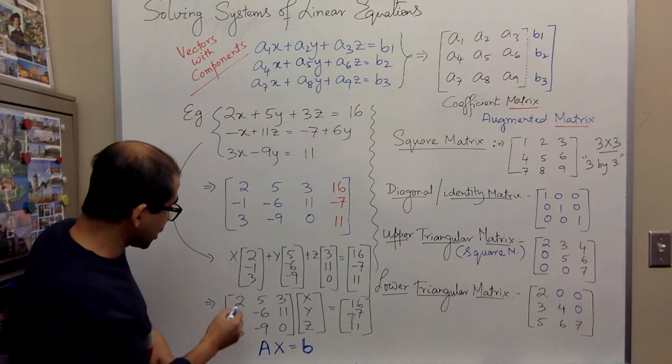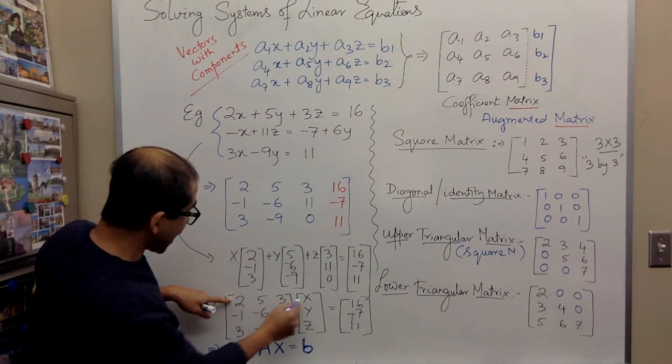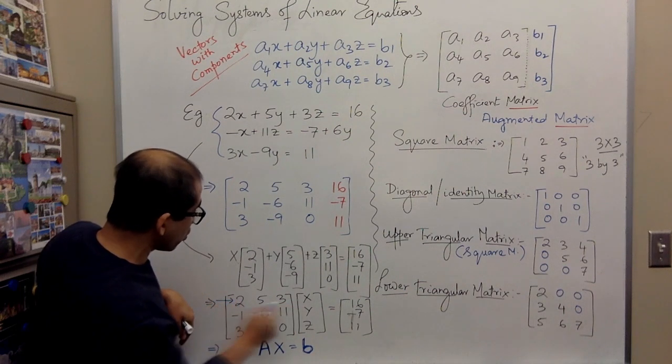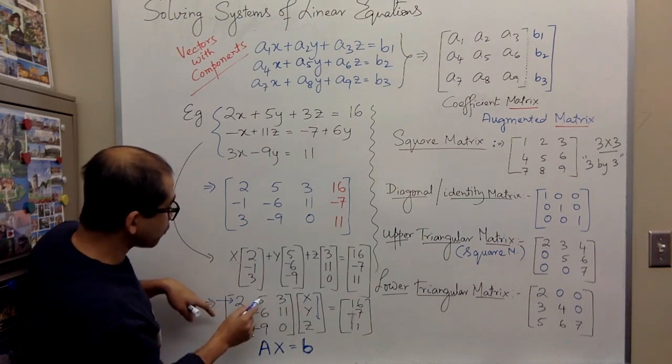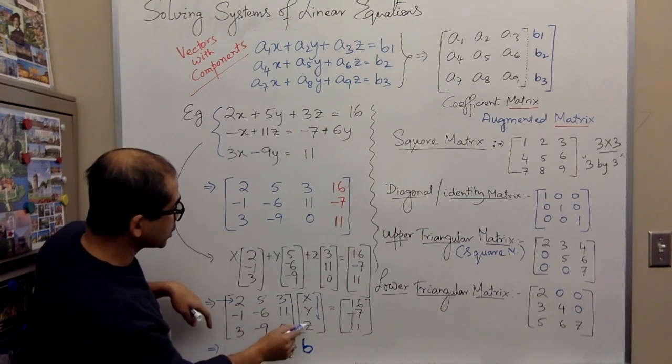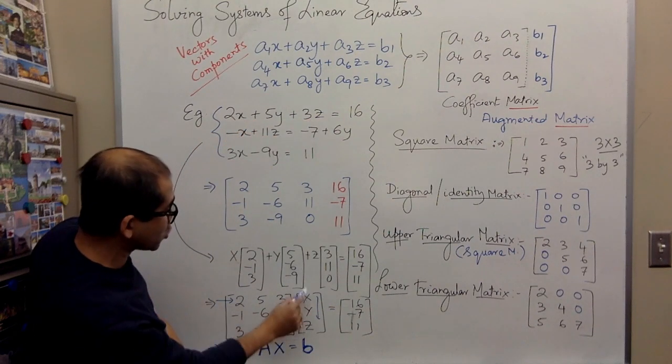Matrix multiplication says that for 2, 5, 3, you go this way along the row and here along the column: 2 times x plus 5 times y plus 3 times z, exactly equal to 16. So it's a matrix multiplication.